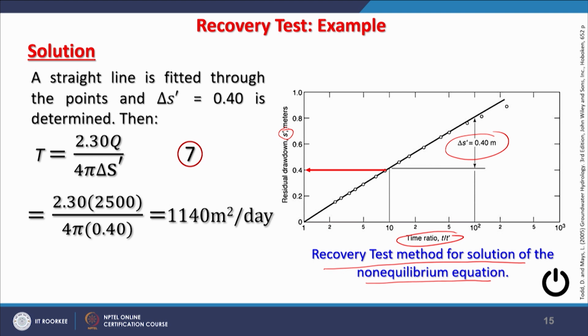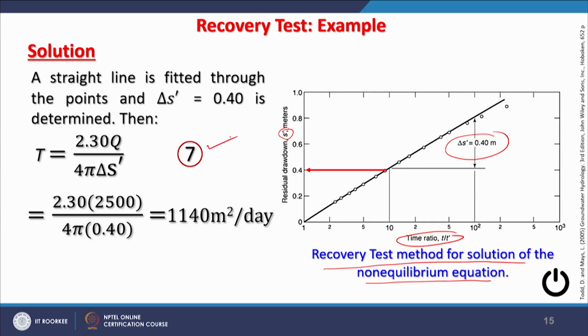A straight line, as you can see in the right figure, is fitted through the points, and delta s' is determined to be 0.4. Now we can put it in the equation T = 2.3 Q upon 4 pi delta s', as discussed earlier. When we substitute these values, T comes to 1140 square meter per day.